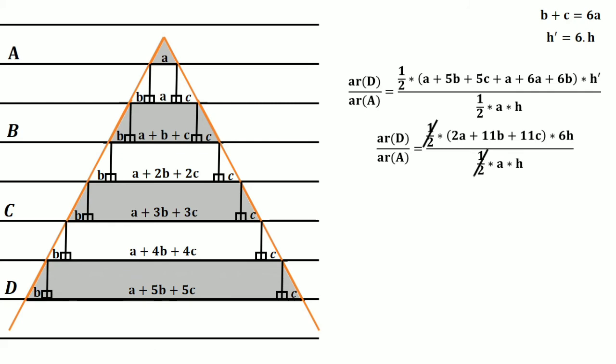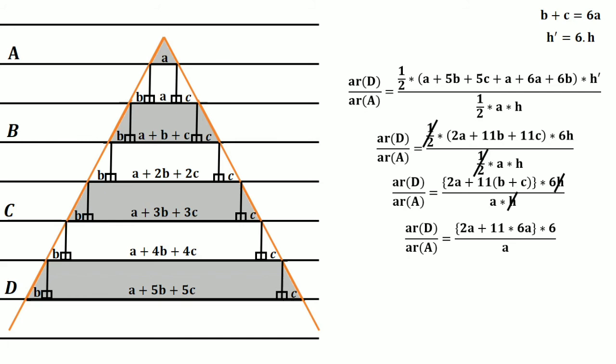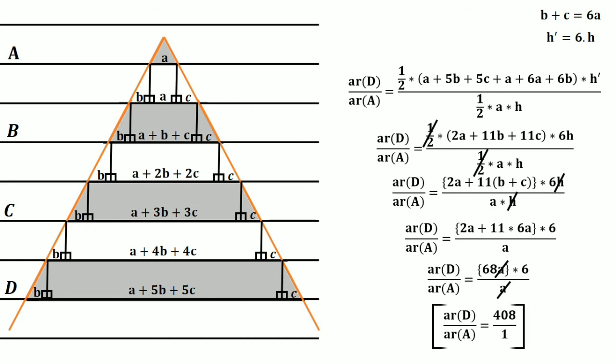Cancelling 1/2 and h, we get (2a plus 11 times (b plus c)) times 6 divided by a. Since b plus c equals 6a, this is (2a plus 11 times 6a) times 6 by a. So the area of region D to the area of region A is 68a times 6 divided by a, and cancelling a, it is 408 to 1, and that is our correct answer.